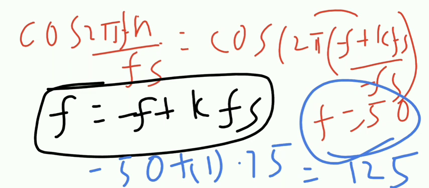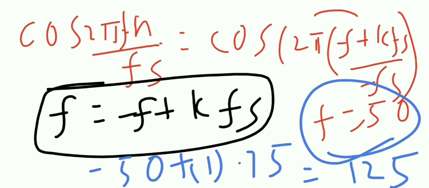So a signal with 125 will also produce the same discrete time signal. Similarly, if you substitute k equal to 2, it will become 50 plus 2 into 75, which is 200. So a signal with a frequency of 200 will also produce the same discrete time signal.